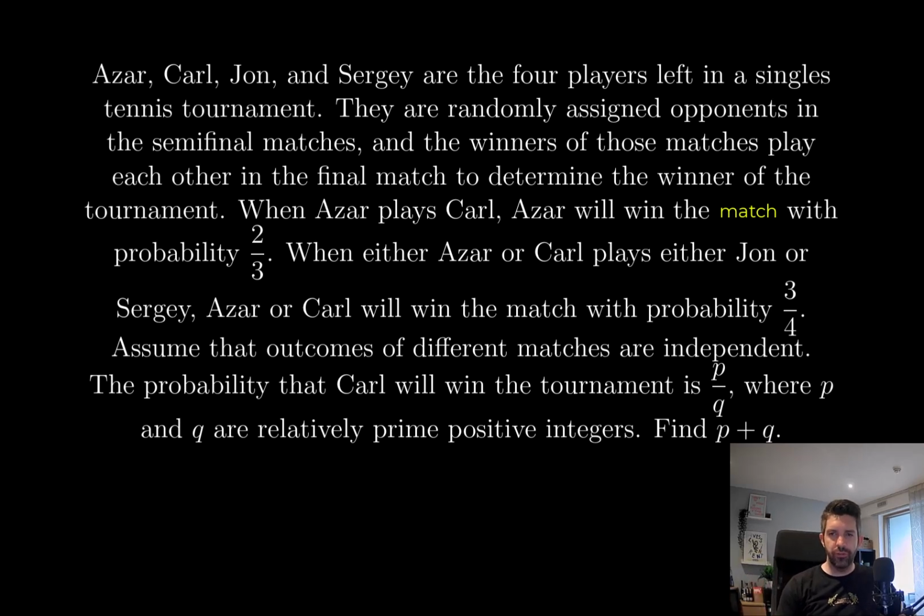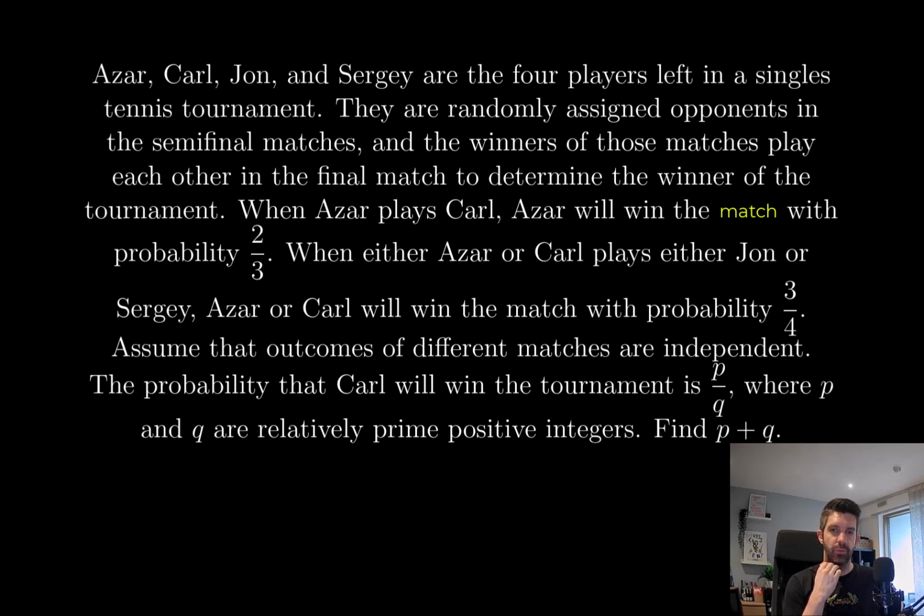John and Sergey are essentially equivalent, so we can treat them as identical based on the information we're given. I'll break it down into 2 cases. One where Carl plays Azar in the semifinals, and then we can compute the probability he moves on to the finals and wins in the finals.